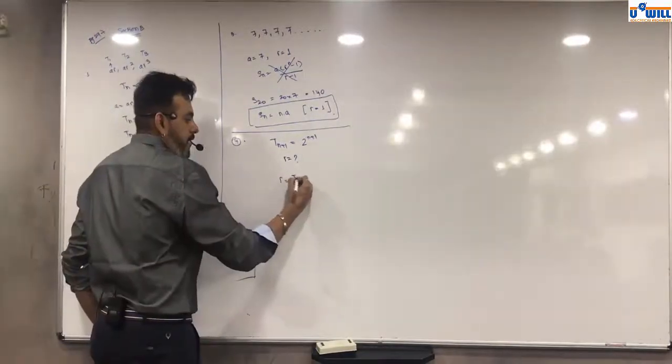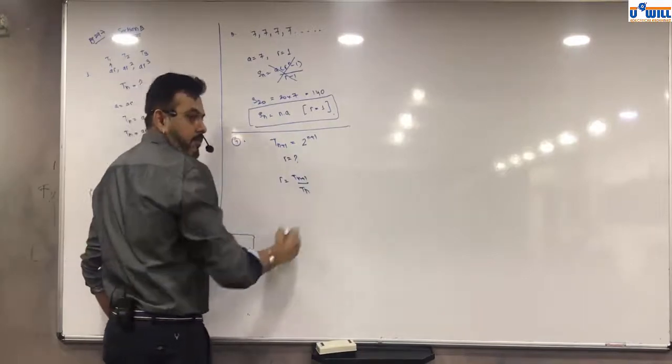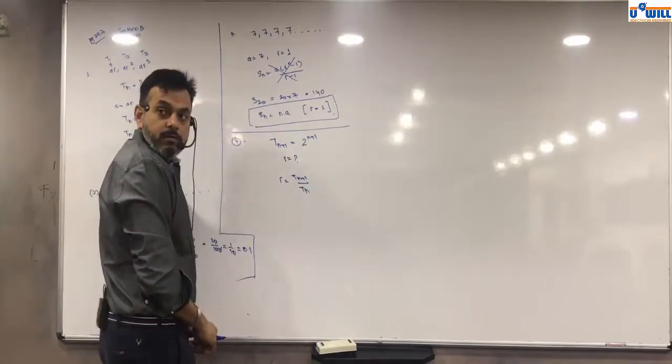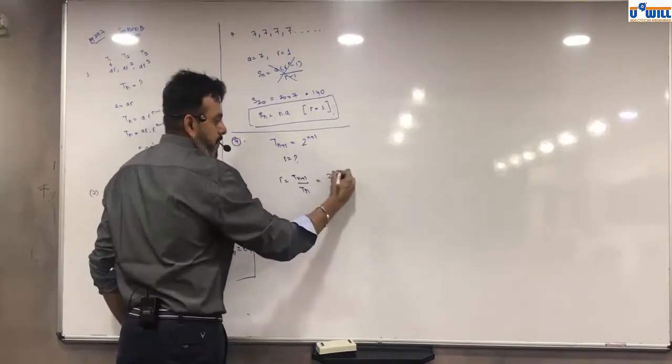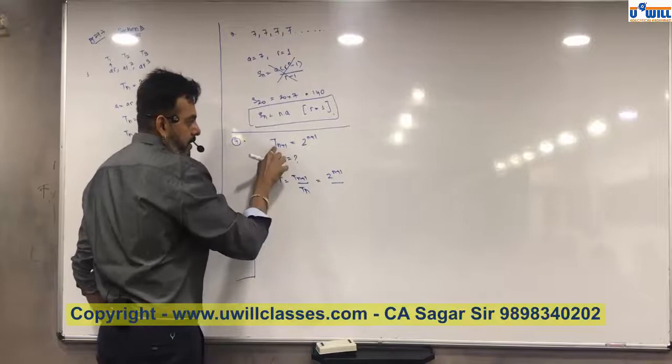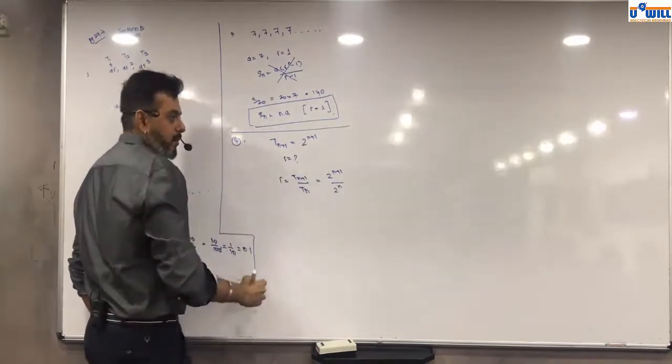R is equal to Tn plus 1 upon Tn. Now what is Tn plus 1? Which is 2 raised to n plus 1, upon what is Tn? This Tn, so 2 raised to n. How do we solve this?